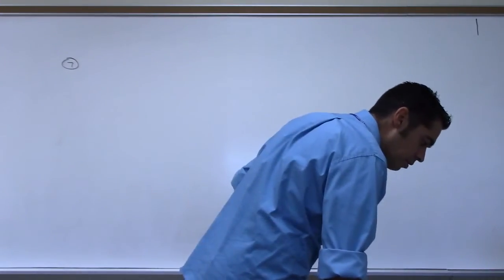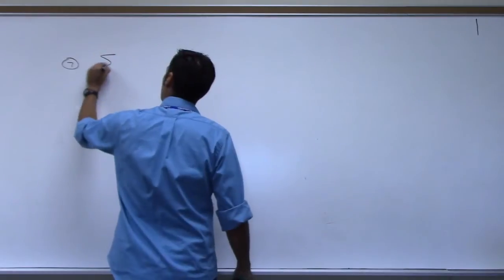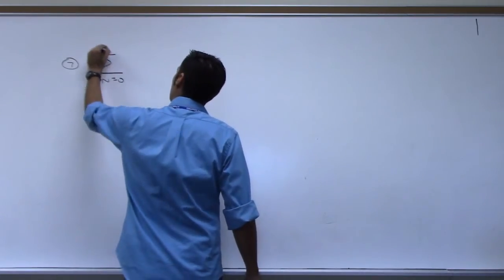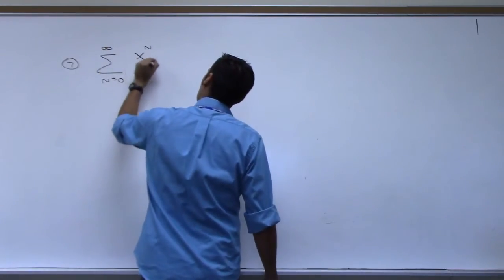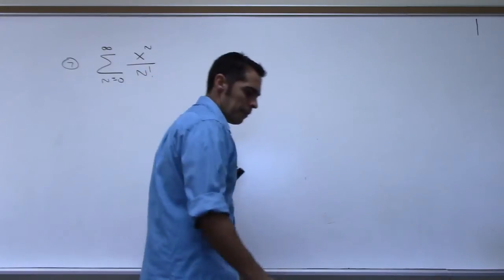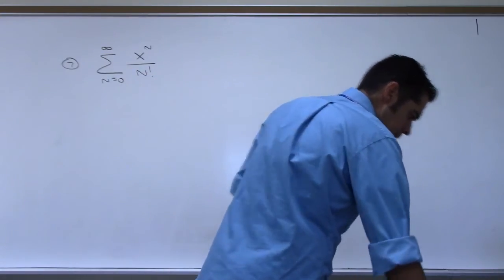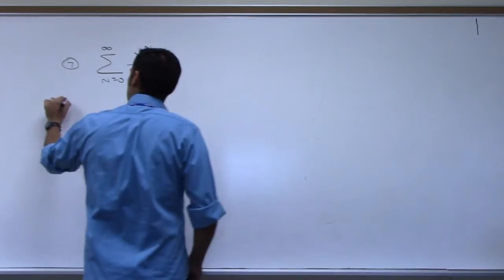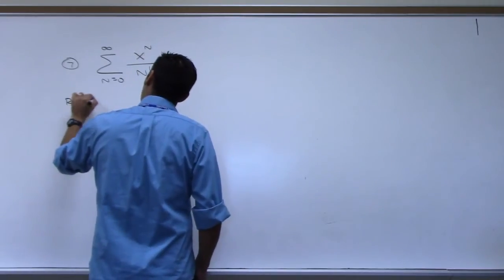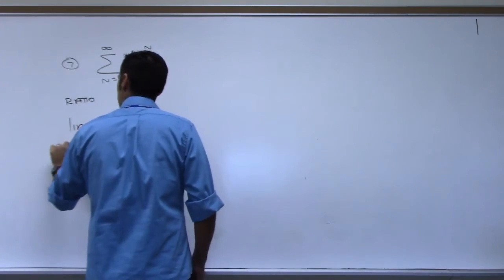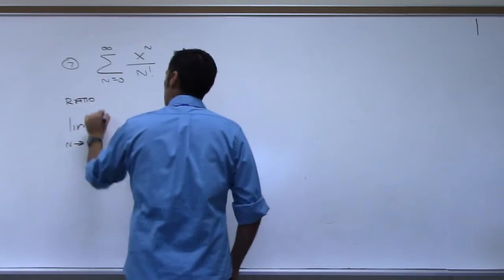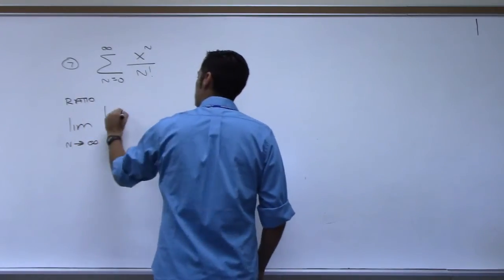Sum n equals 0 to infinity, x to the n over n factorial. So I'm going to do my ratio test. Limit n goes to infinity, the absolute value, plug n plus 1 in here.